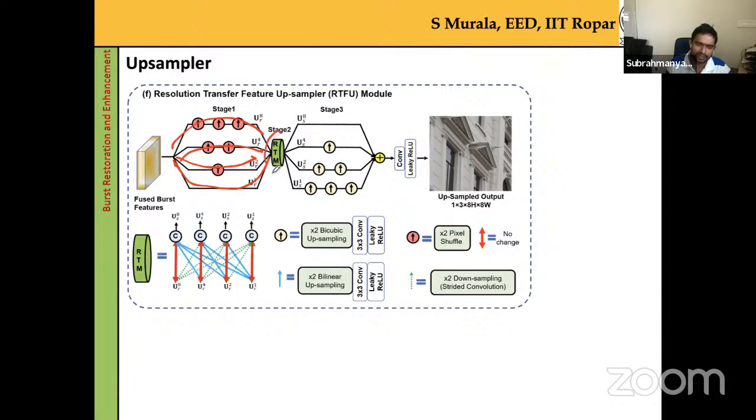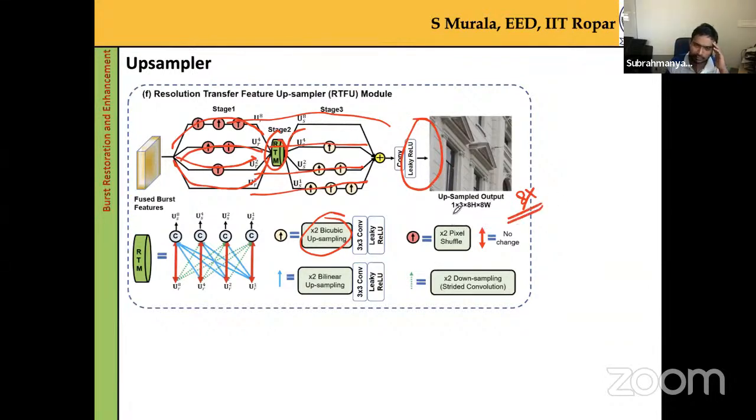Those are all concatenated, and bilinear or bicubic based upsampling is performed. This one needs no upsampling, this needs upsample by 2, this needs upsample by 4, this needs upsample by 8, so that I am able to get the 8x image size, 8x resolution, here.